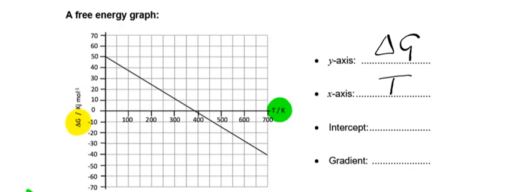We saw just before that the y-intercept is delta H, and that the gradient is minus delta S.